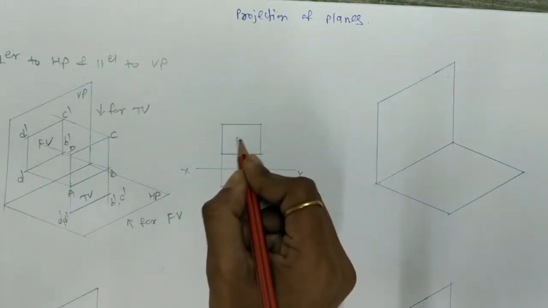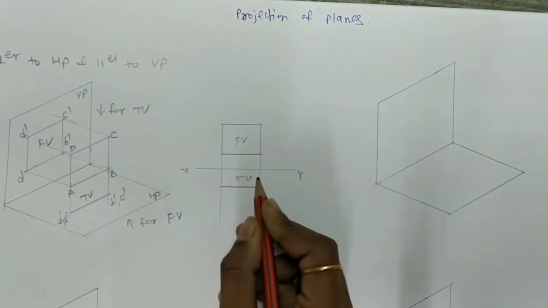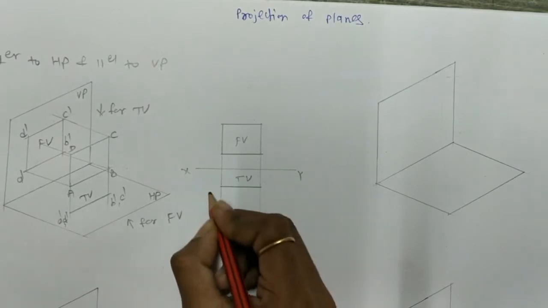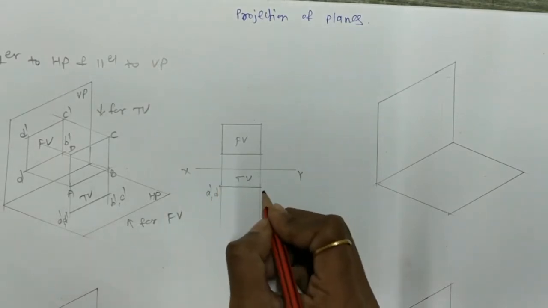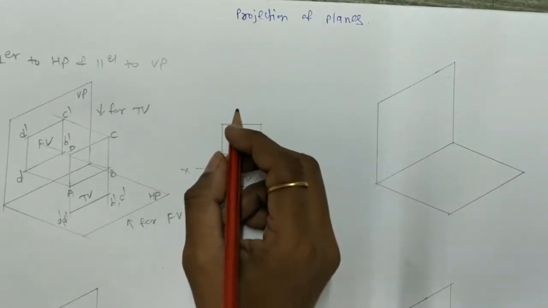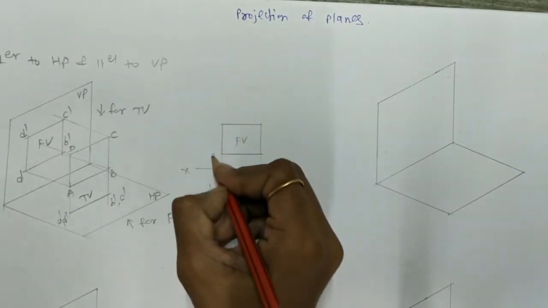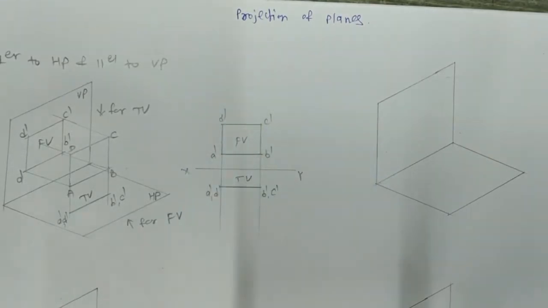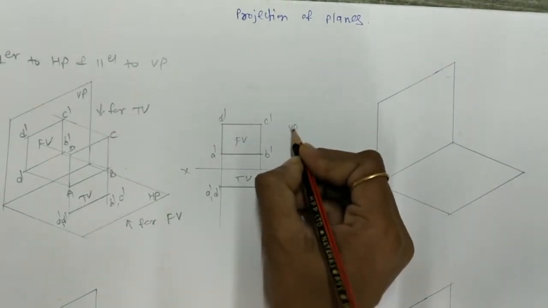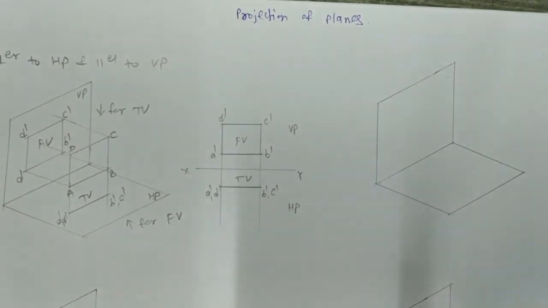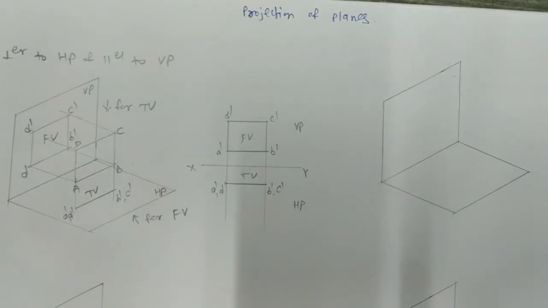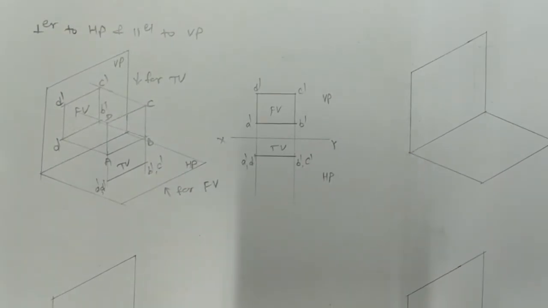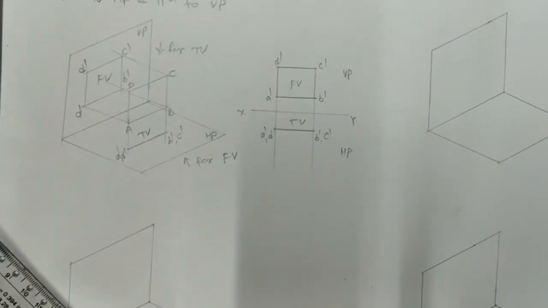So this is front view and this is top view. Here A dash, D dash, B dash, C dash. And here A dash, B dash, C dash, D dash. This is VP and this is HP. So front view and top view will look like this. So this is the first case where plane is perpendicular to HP and parallel to VP.